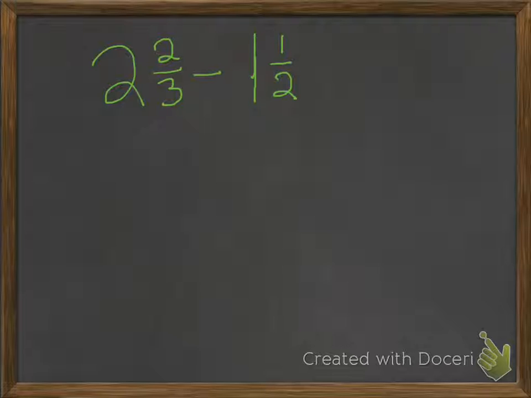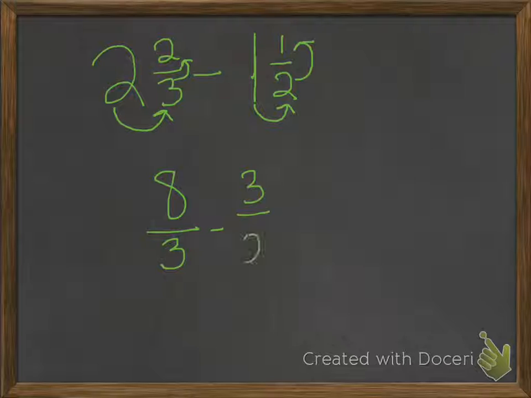First thing we do is change these mixed numbers to improper fractions by multiplying the whole number times the denominator. 2 times 3 is 6, plus 2 is 8, and keep the denominator. 1 times 2 is 2, plus 1 is 3, keeping the denominator. We have a little bit of work to do. Knowing my multiplication tables, I know that the least common multiple for 3 and 2 is going to be 6.